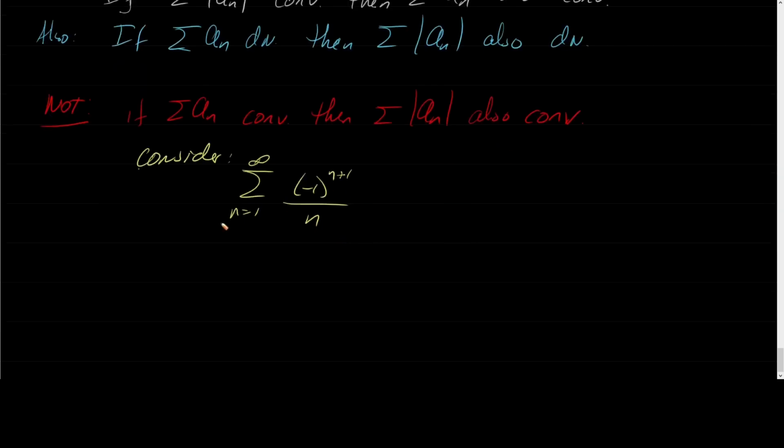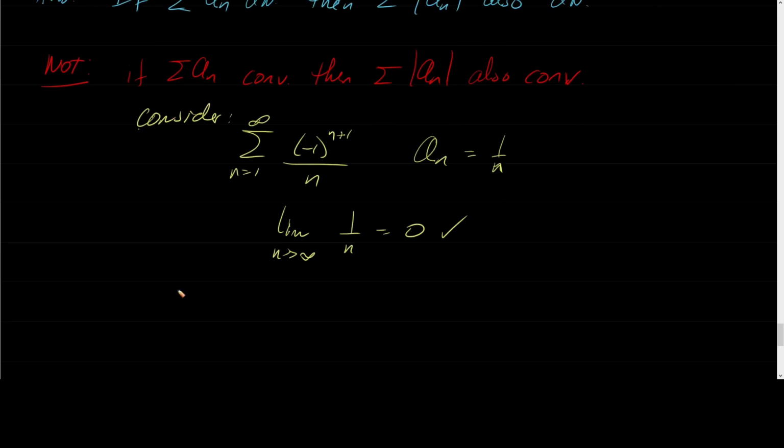Now, let's see. What is our sequence here? Our sequence is 1 over n. And if I take the limit as n goes to infinity of 1 over n, that goes to 0. Good. Now, is it a decreasing sequence? Well, the question here is, is a sub n plus 1 less than or equal to a sub n?